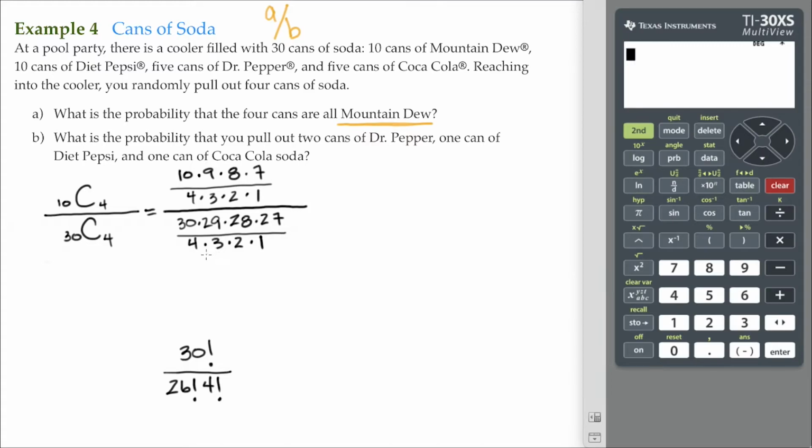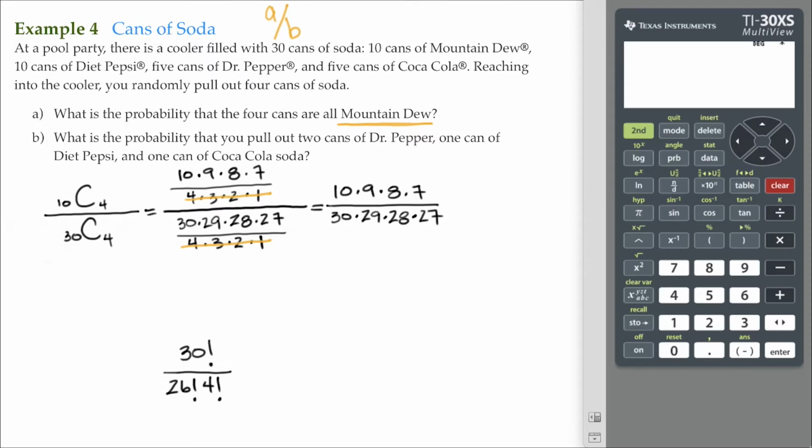As you can see, the denominator in the top half up here is the same as the denominator in the bottom half. So since they're the same, they factor each other out. Thus, I'm left with 10 times 9 times 8 times 7 over 30 times 29 times 28 times 27.